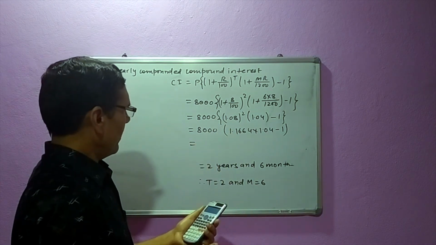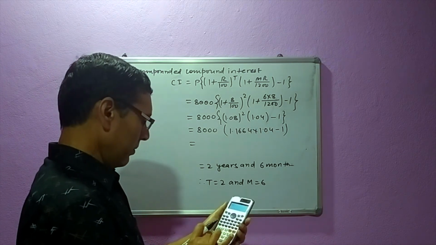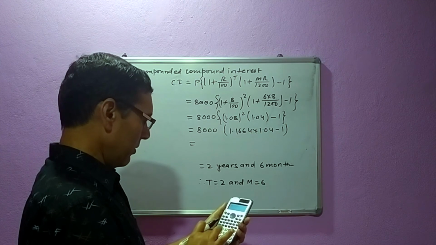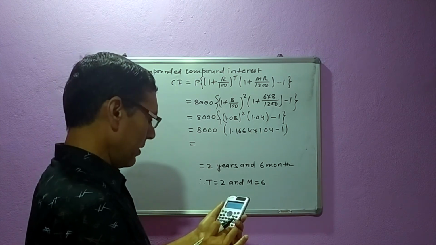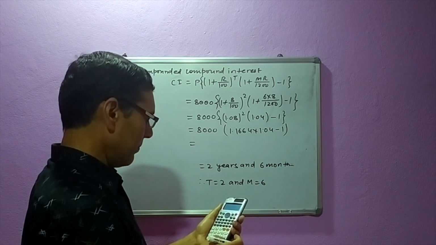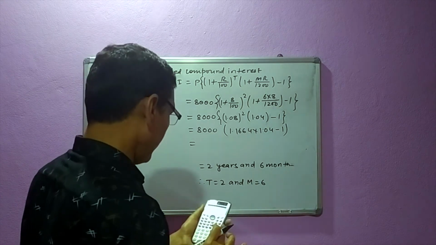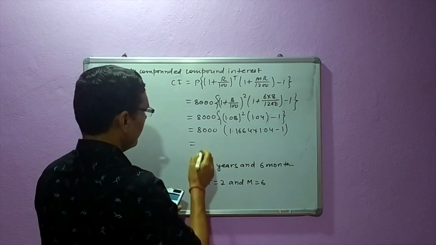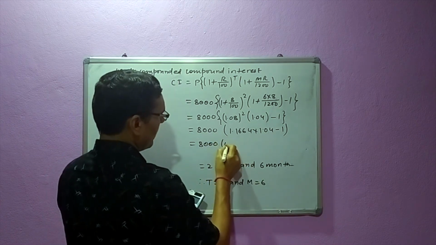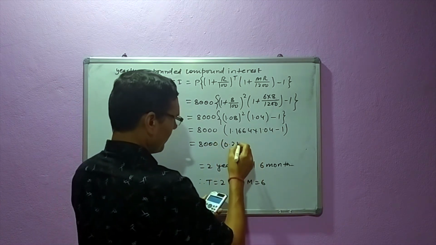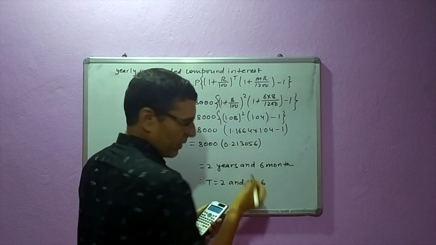So from here we get 1.1664 into 1.04 minus 1, times 8,000, and it is 0.213056.